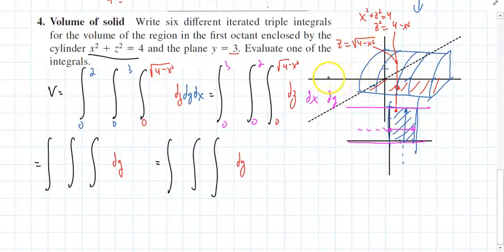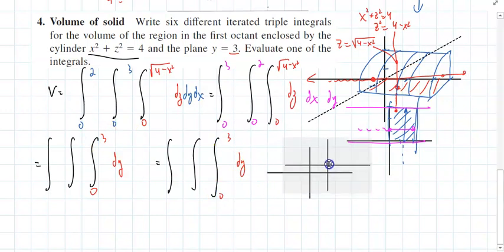From negative, and this is y, so from y, it's going to come in and hit from 0, and it's going to exit out of y equals 3. In that sense, I'm looking at this graph from the y direction, and from the y direction, this is what I see. This is x, this is y. The only thing I see is this quarter of a circle.